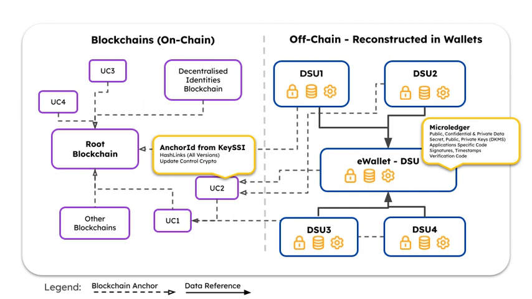We also point out an optional component, the root ledger, located in a different subdomain. This root ledger could facilitate something like blockchain anchoring, which is used to enhance security between different blockchains. Additionally, the diagram showcases the most common form of anchoring we employ, known as hash-link anchoring. This method connects the DSUs with various ledgers or blockchains.